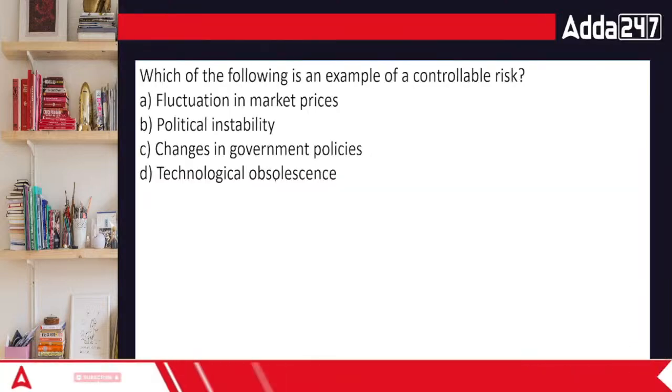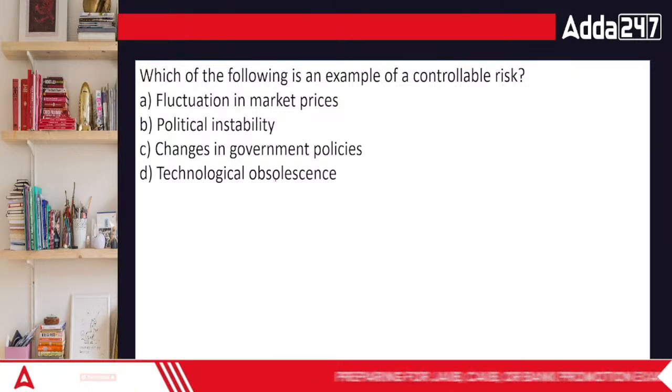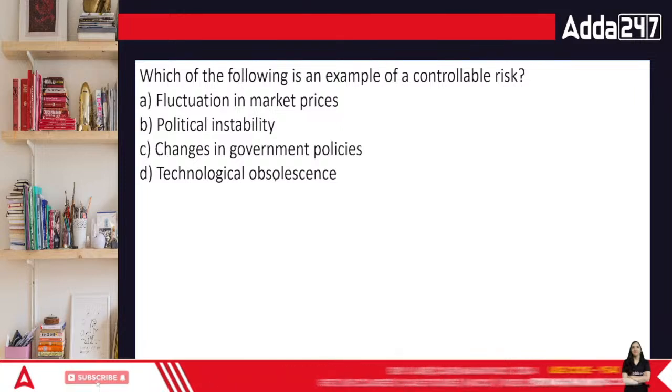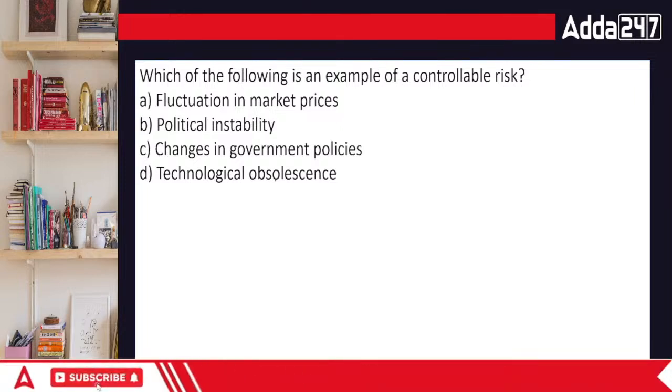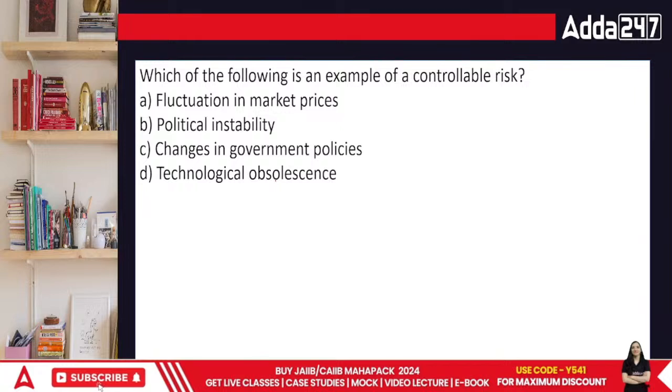Which of the following is an example of controllable risk? Controllable risk matlab the risk which you can actually hold in your hand. You can decide how much you want.